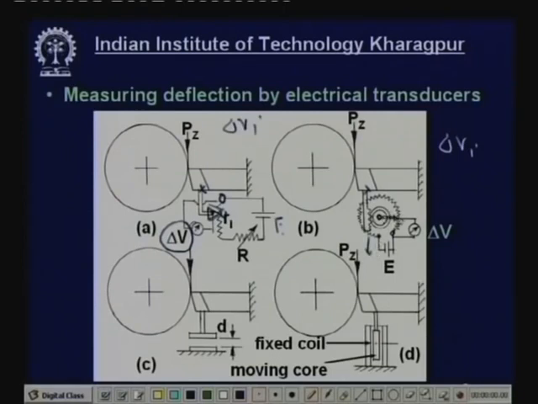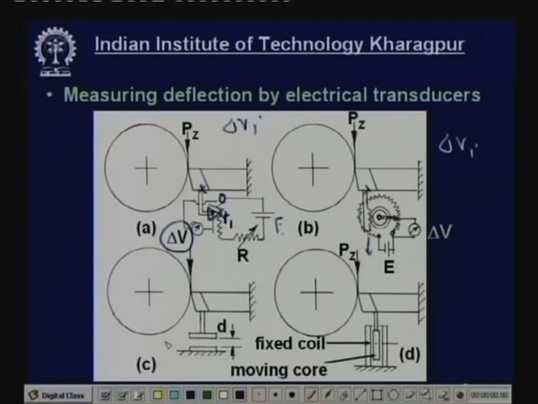Along with the pinion, there is a pointer which will rotate along this circular resistance, and from the change in resistance along with the deflection by the force, the resistance will change across this point, and this delta V, the output voltage, will also change proportionally. So this delta V becomes proportional to Pz, and by calibration you can develop the relation between delta V and Pz and use it.